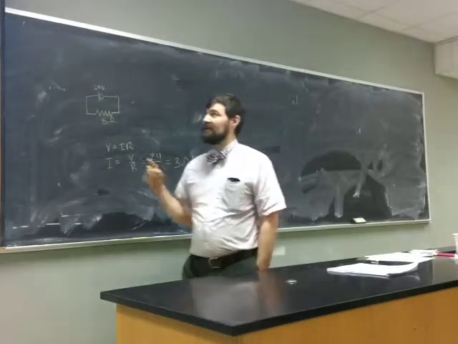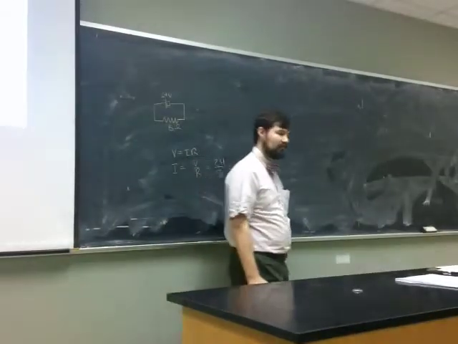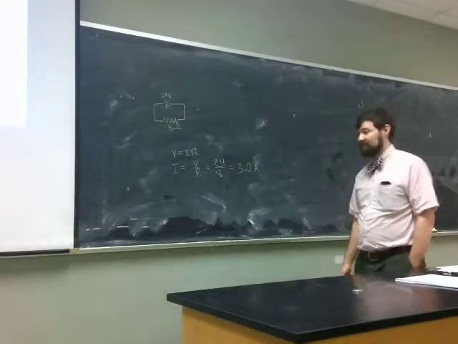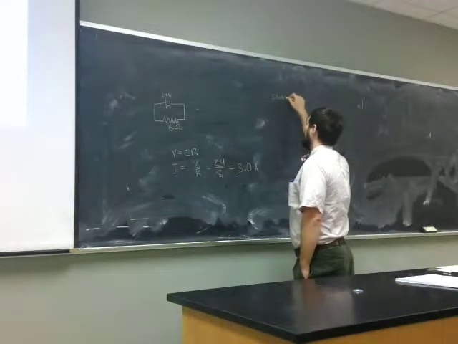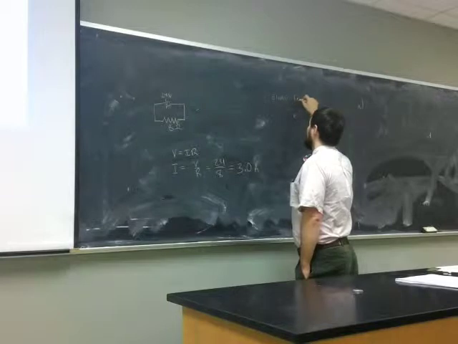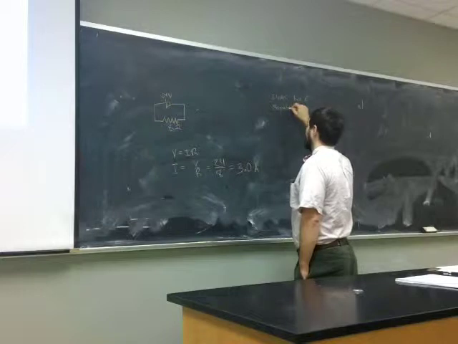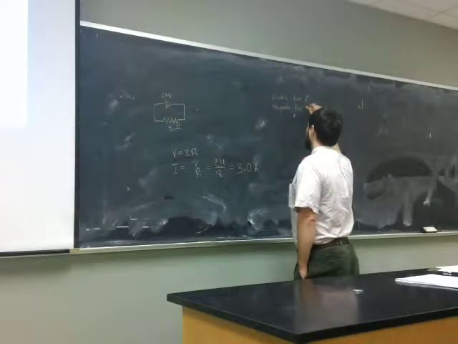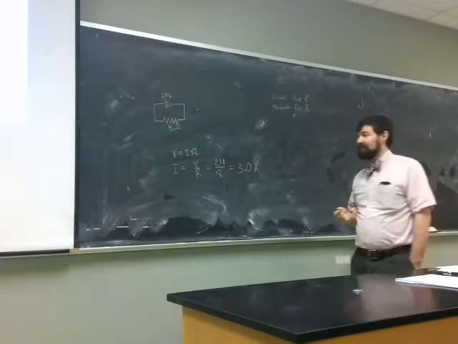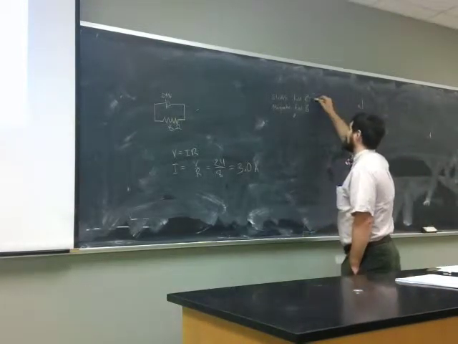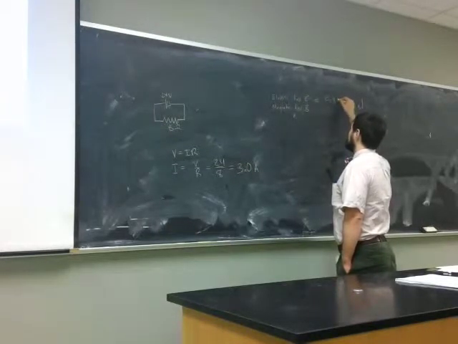We often represent the magnetic field with a B. So electric field we often use an E. And to figure out how much force each one of these applies, this one you use F is equal to QE.